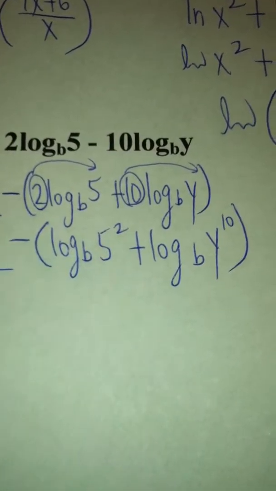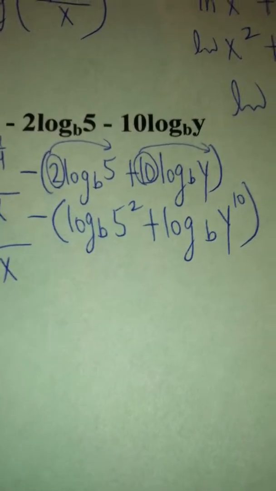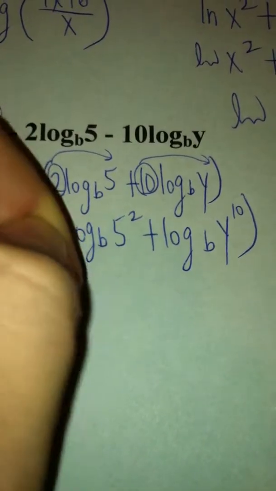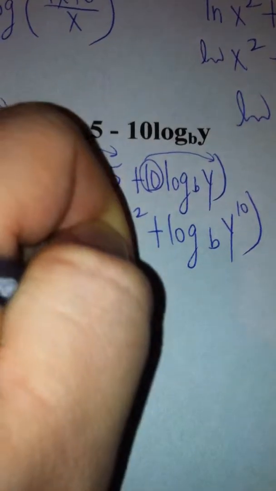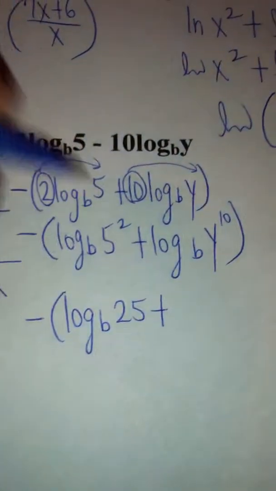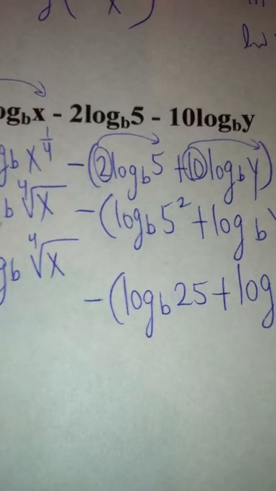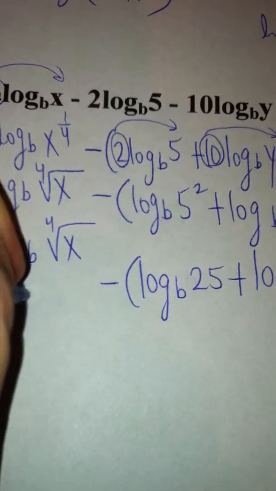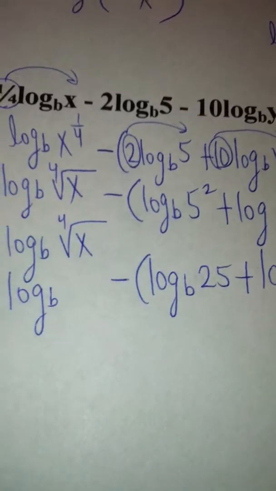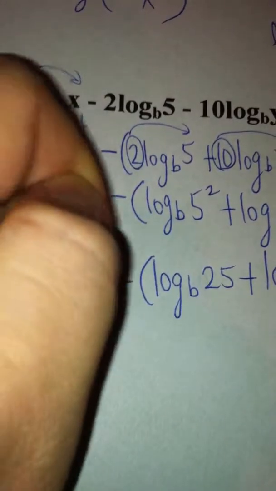Of course, 5 squared, we can make that 25. And just bring down the last part. And we'll keep bringing down the first part here, log base b of the 4th root of x.